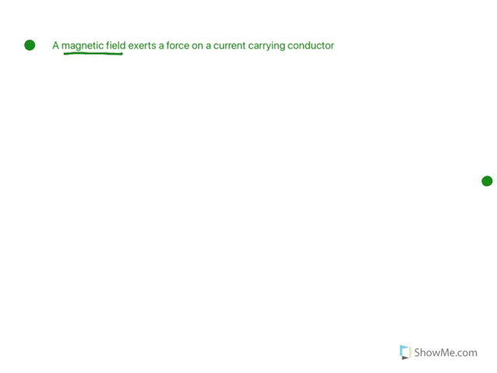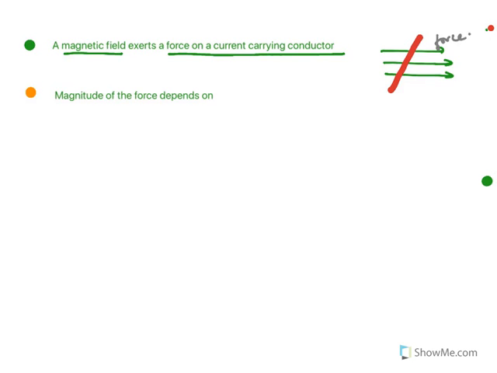To summarize what we have learnt, a magnetic field produces a force on a current carrying conductor. So if we have a magnetic field here like this, and a current carrying conductor placed in it, a force is produced.